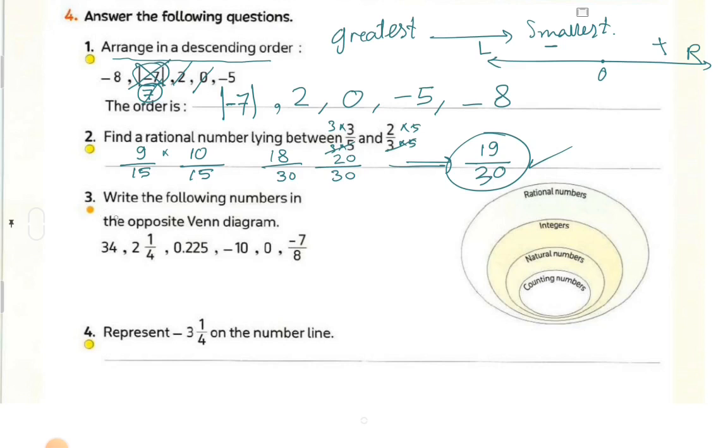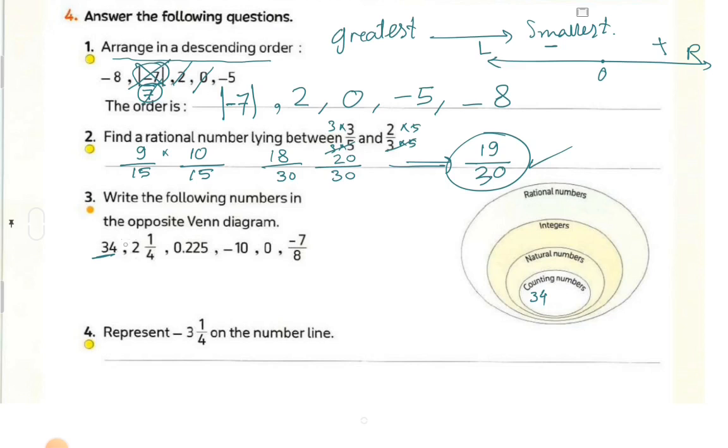Question number 3. Write the following numbers in the Venn diagram. This is called a Venn diagram. The Venn diagram has counting number as a part of natural number, as a part of integer, as a part of rational number. Okay. 34. Where is 34? 34 is just a counting number. Okay. 2 and 1/4.